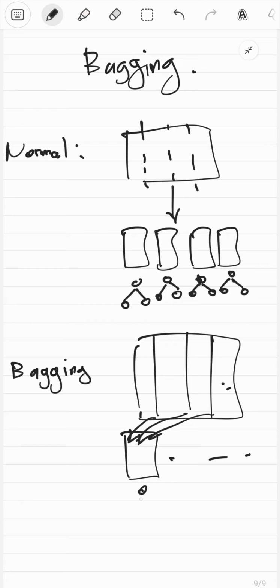And so you train your decision tree on that, and this thing is your new ensemble, right?